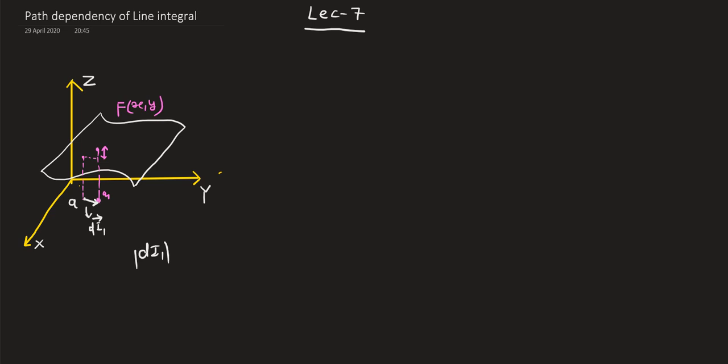From point A to point A1, if I want to find this change df, then we derived an expression that df is given by the gradient of this function f dot this dl1 vector, which is simply the direction in which I am going.